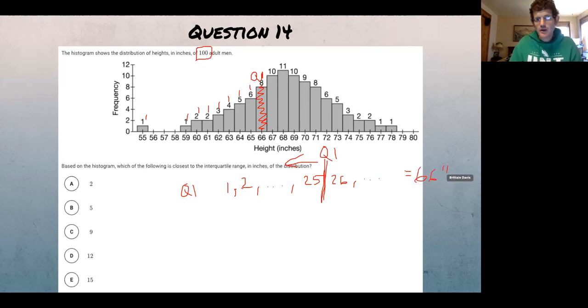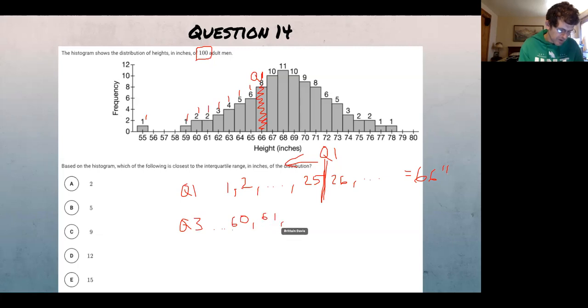So what I also want to think about is that Q3 is going to be where, I'll just start at 60, so here's 60, 61, we go up to 75, no, actually 74, and 75, up to 100. All right, so all these are just data points in order.